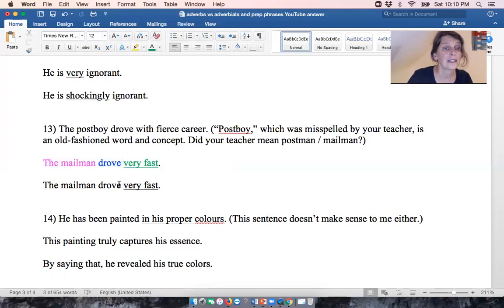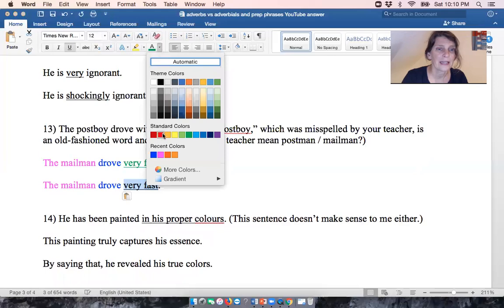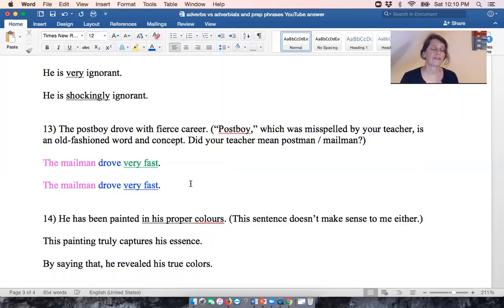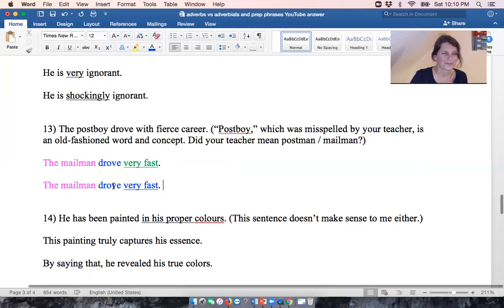But you could also say we have our subject, and then we have a verb phrase. So the verb phrase is to drive very fast, and then this very fast is the adverbial modifier of the verb. I hope that you understand the difference between a sentence adverbial and an adverbial modifier inside of another phrase. If not, that would actually be a good topic for a video.